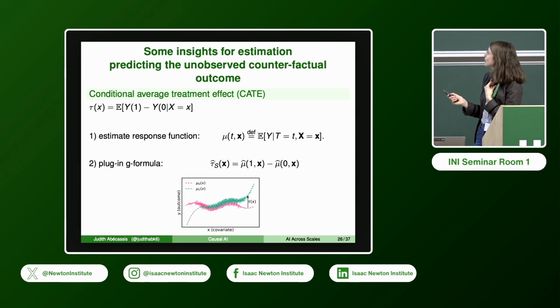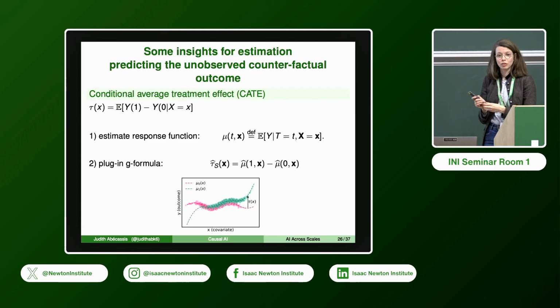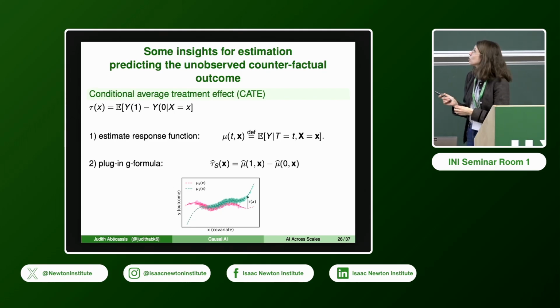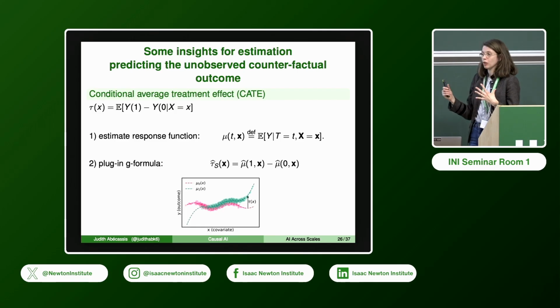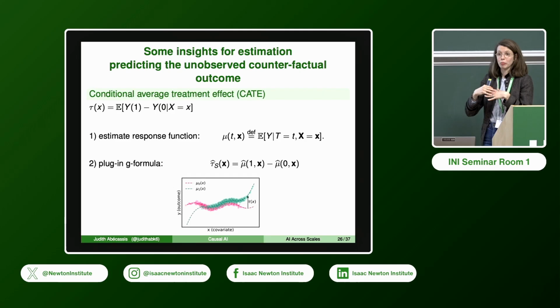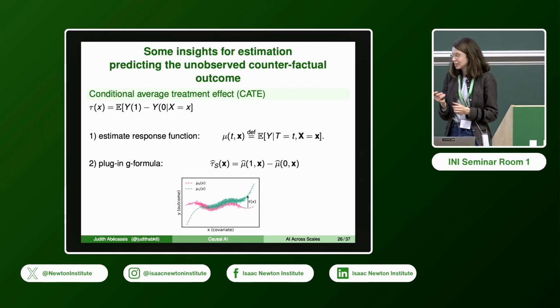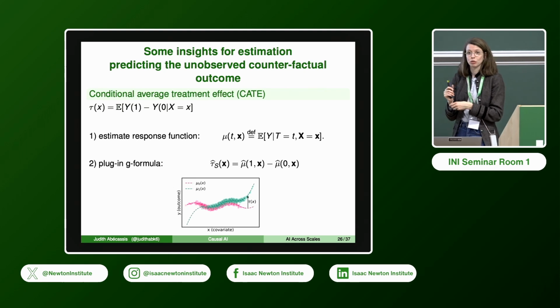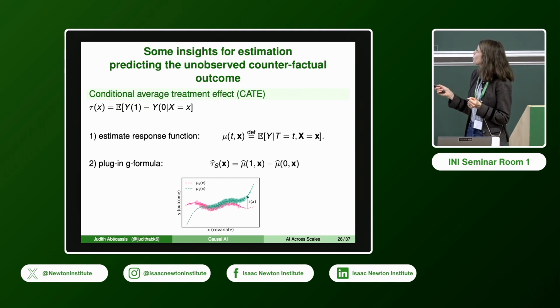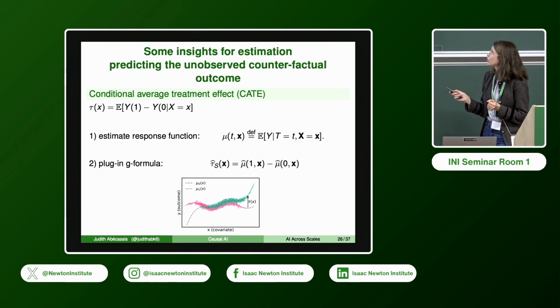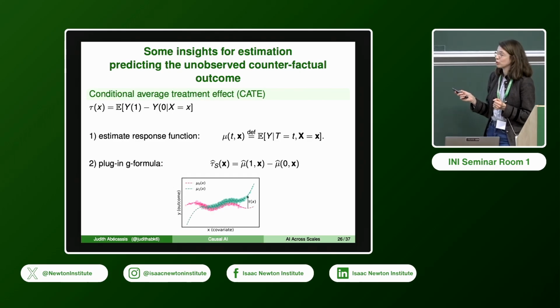This looks like what you can estimate with regression. So instead of trying to readjust the weights to make both groups comparable, you can just focus on the covariate distribution and try to predict what would happen with the other version of the treatment, so make a sort of counterfactual prediction.